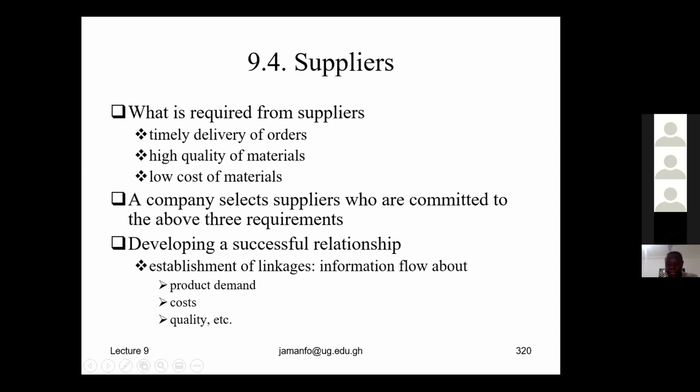Because if we focus on excessive material cost, it is going to affect how much we are able to sell to our customers. Now, a company selects suppliers who are committed to the above three requirements. And we need to make sure that we develop appropriate relationships. Because they are critical, we maintain good relationships with suppliers.